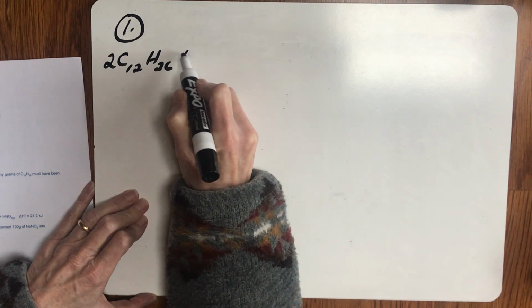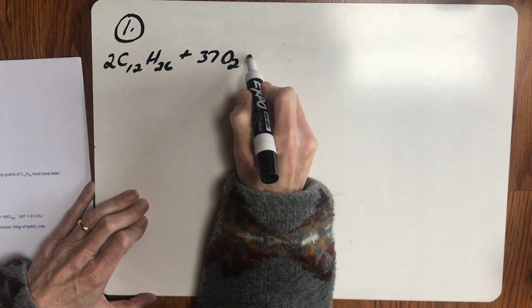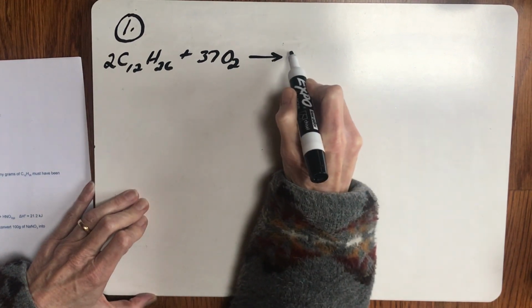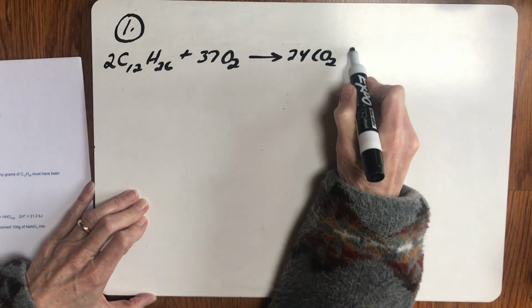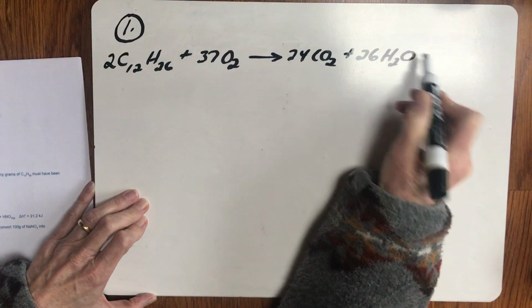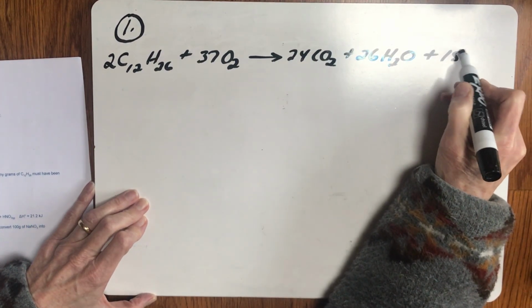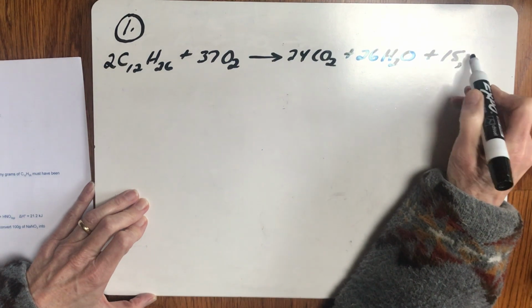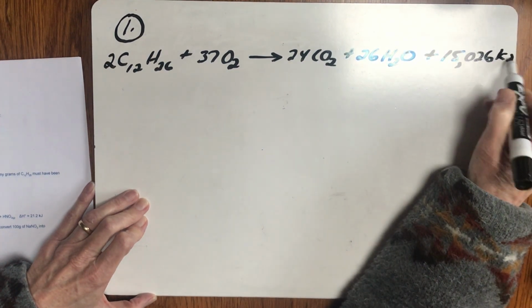C12H26 plus 37 O2 yields 24 CO2 plus 26 H2O, and then the energy that's released here is 15,026 kilojoules.